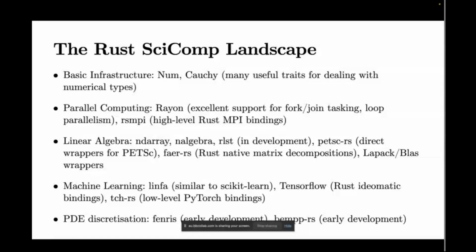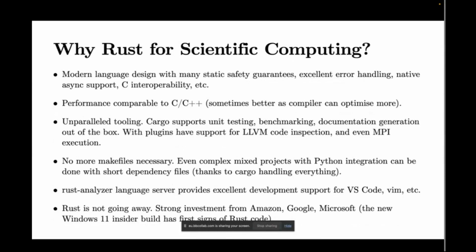And then PDE discretizations, I'm mentioning Fenris, very early development, and Swan library in Germany, and BEMPP RS, just our own early development project for integral equations. And yeah, so it's growing. It's a very nicely growing ecosystem.